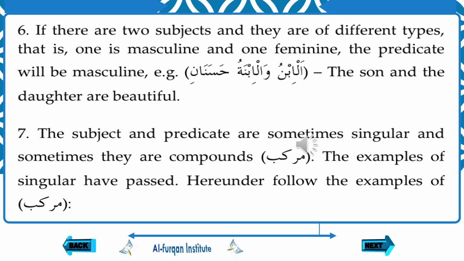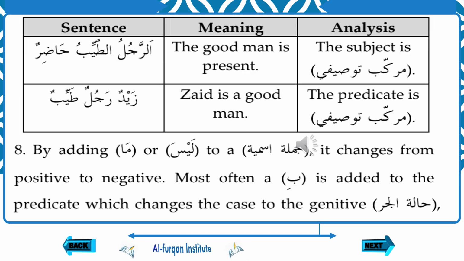Note number 7: the subject and the predicate are sometimes singular and sometimes compound, that is, murakkab. The examples of singular have passed. What we have been doing so far are examples of a singular predicate. Here we follow with examples of murakkab, when the predicate is a murakkab, either murakkabun tawsifiyun or murakkabun idafiyun.